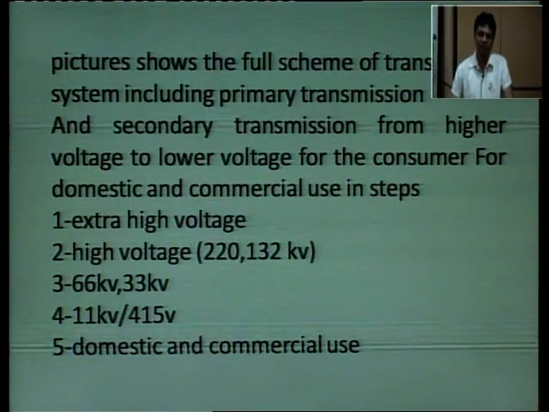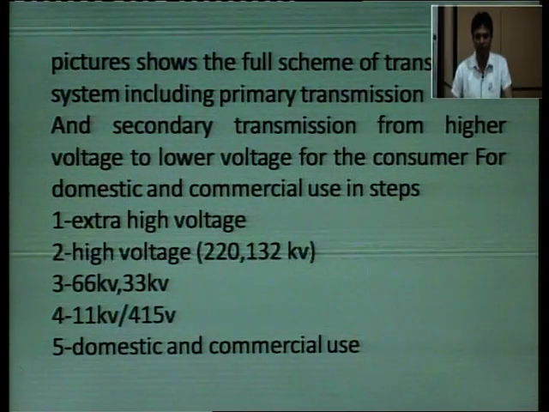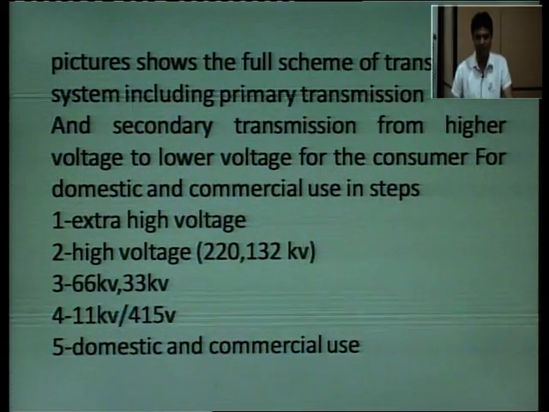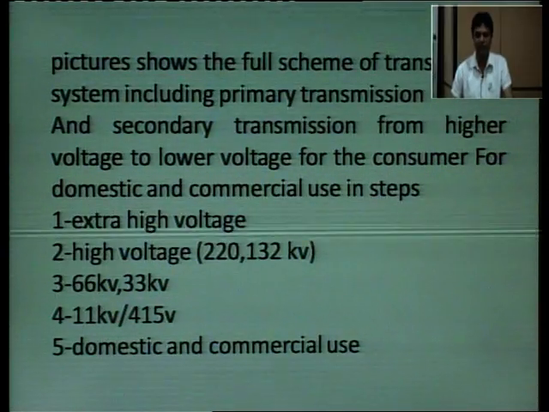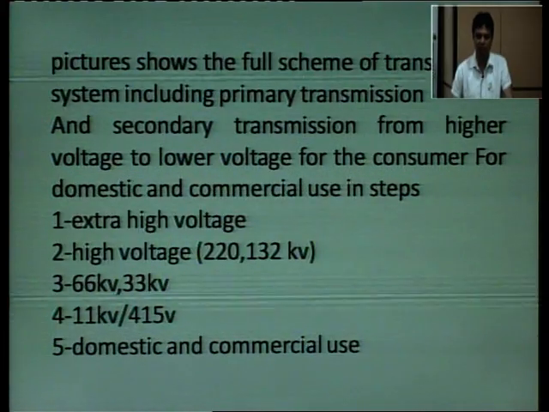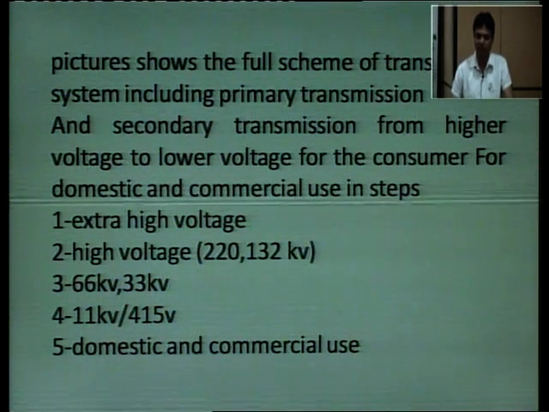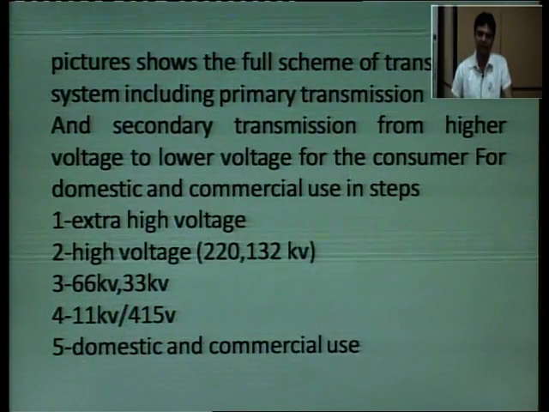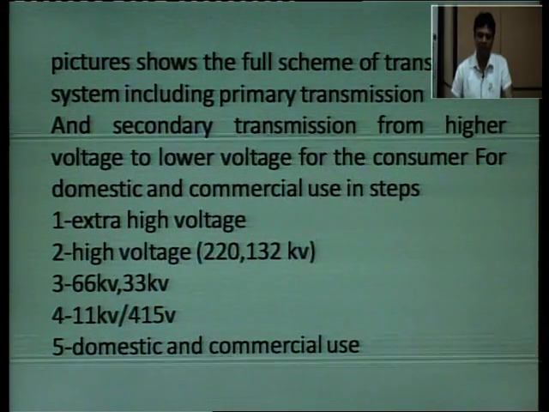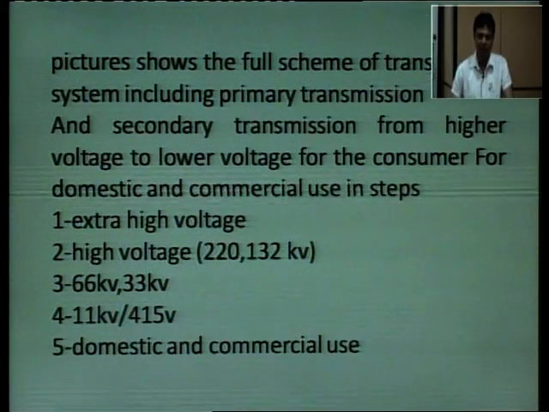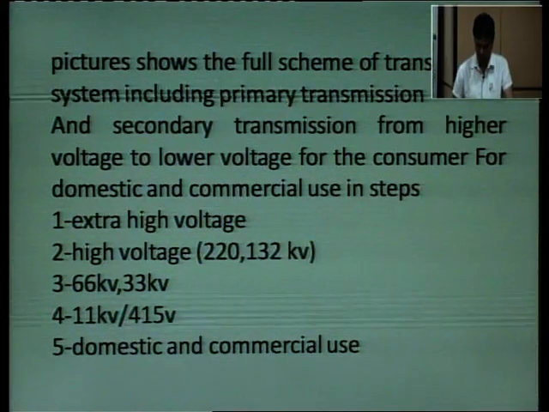For domestic and commercial use, in steps: first, extra high voltage, more than 400 or 400 kV; high voltage, somewhat lower, that is 220 and 132 kV; next is 66 kV and 33 kV; fourth is 11 kV/415 volts; fifth is domestic and commercial use.